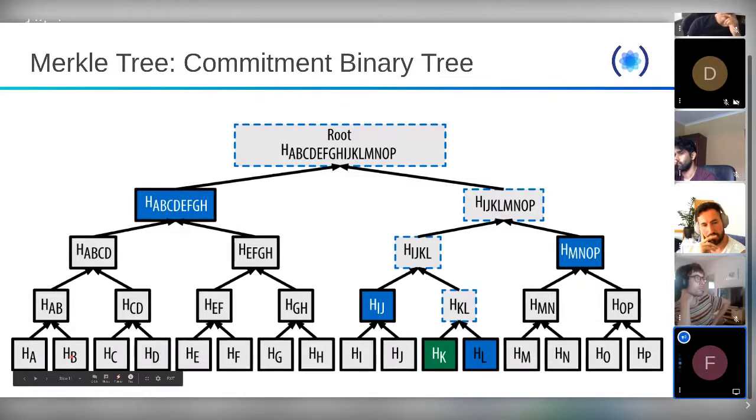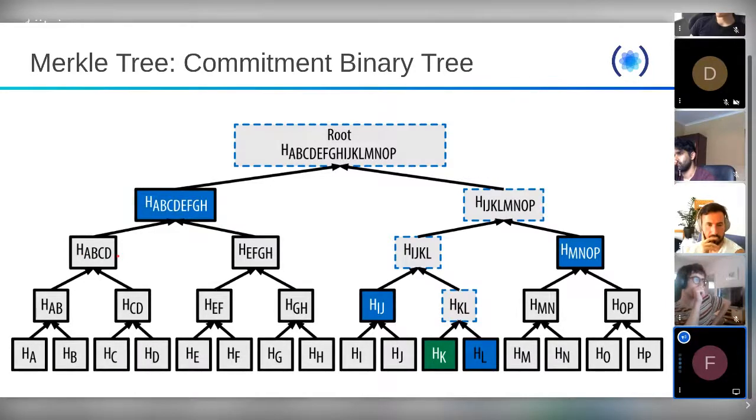So I put HA and HB together, and I hash this result, and this gives me HAB. Then I concatenate HAB and HCD, side by side. I hash this longer string, and this gives me HABCD. And that's how I calculate my Merkle root.